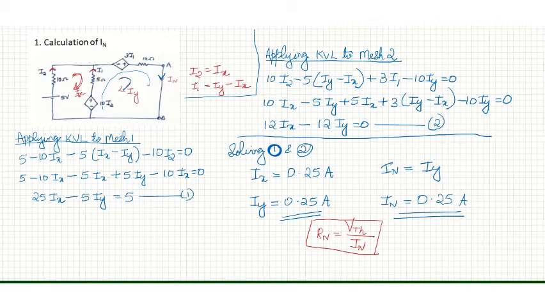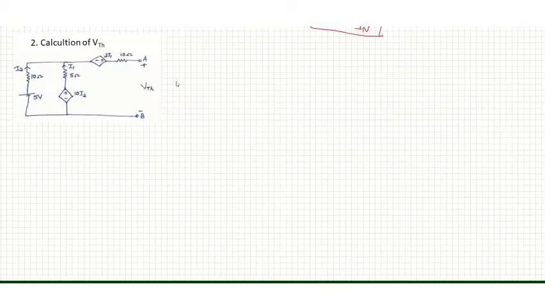For that, I am redrawing the circuit. In order to find out Vth, mesh current IX is marked here. In this mesh, there will not be any current flow because A and B are open circuited. Now, apply KVL to mesh 1. We get the equation: 5 minus 10IX minus 5IX minus 10I2 equal to 0.